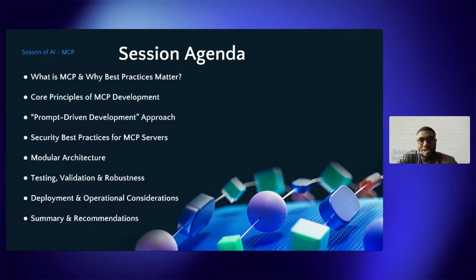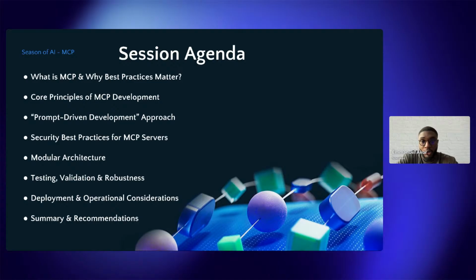So our session agenda for today, we have quite a number of items. Our first one is what is MCP and why best practices matter. Then we're going to look at core principles of MCP development. Then we'll look at the prompt-driven development approach. After that, we'll look at security best practices for MCPs. Though Raphael has touched much on security, we're still going to look at security more.